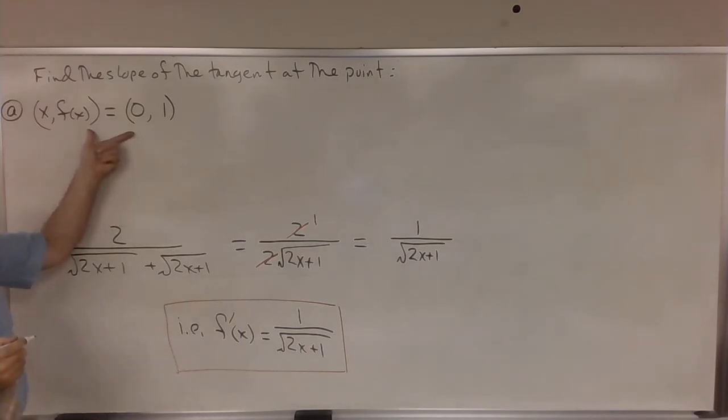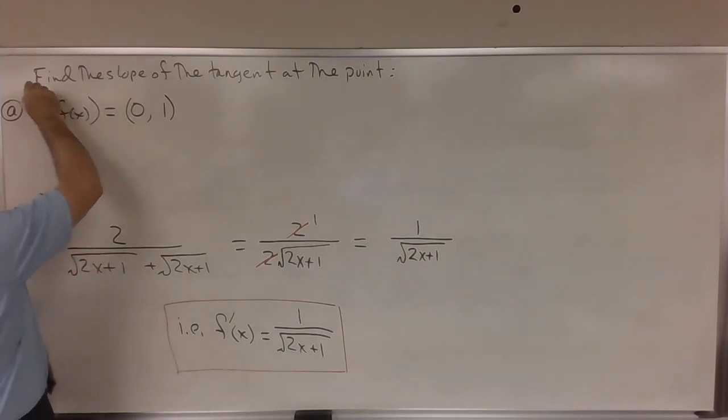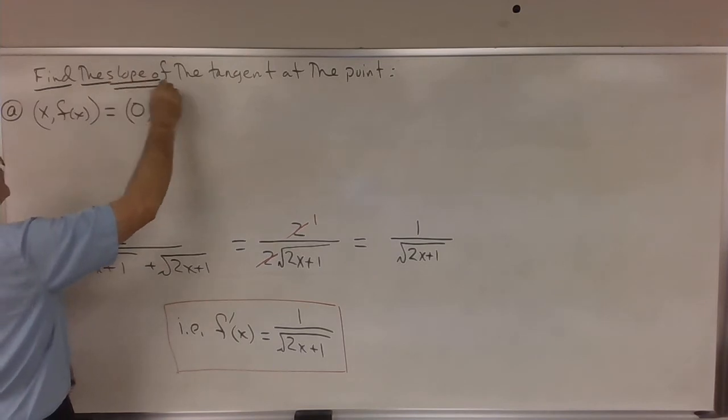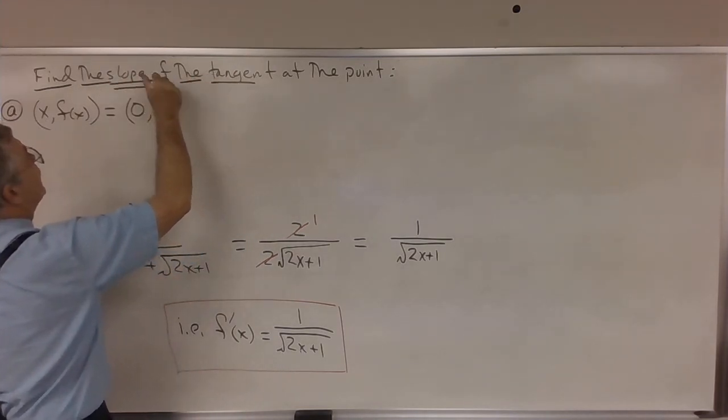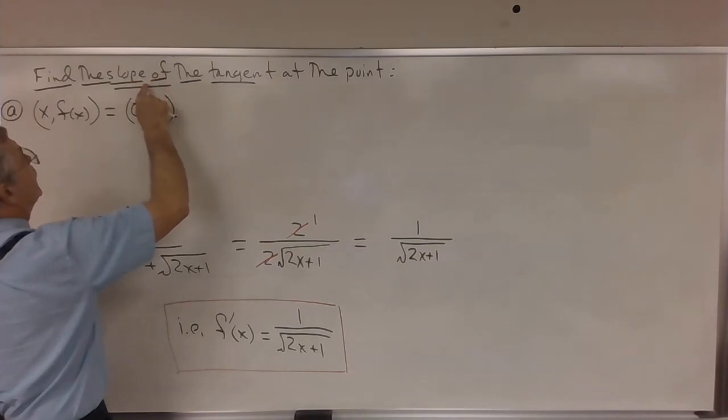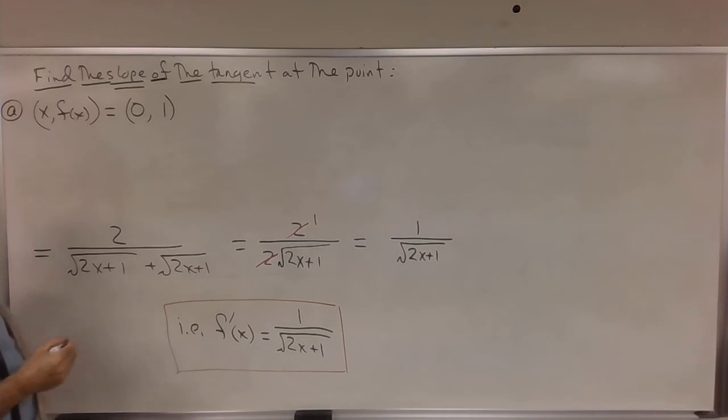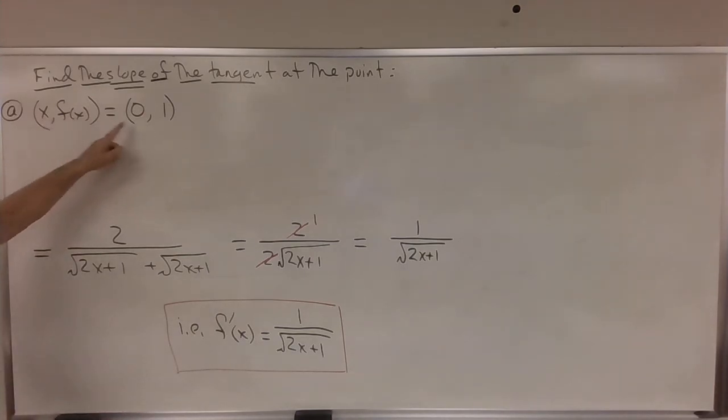Part A, I was supposed to find the slope of the tangent at this point. x equals 0, f of x equals 1.